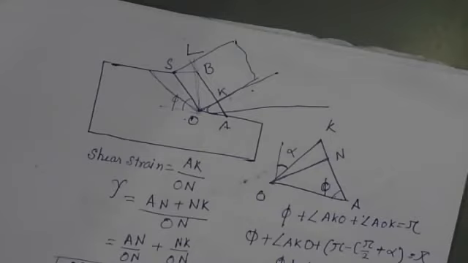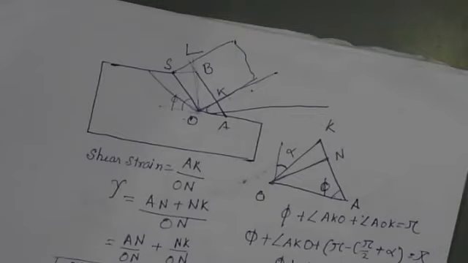So again, if you want more shear strain, it means that you should have a tool which has less rake angle. So a smaller rake angle tool will produce large strain, or a large rake angle tool will result in small strain.